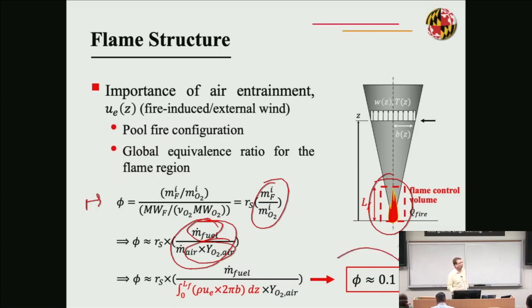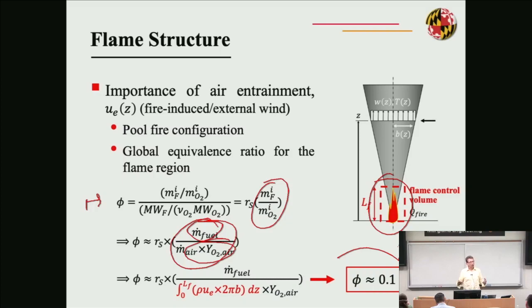And it turns out that, roughly speaking, a fire on Earth is capable of entraining 10 times the amount of oxygen that it needs to burn. Okay? We are lucky because, if we were on another planet with reduced gravity, then this number may actually be closer to 1. So less entrainment if gravity was not as powerful. If you go to outer space, this number will go up.